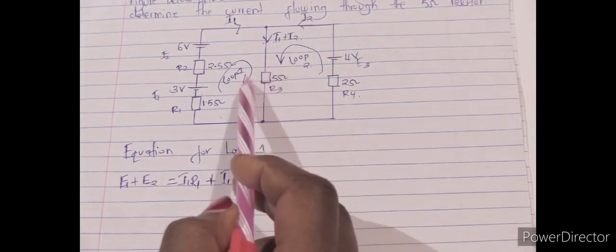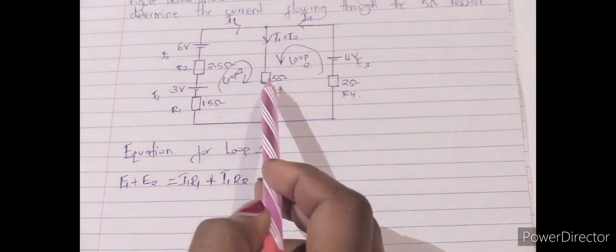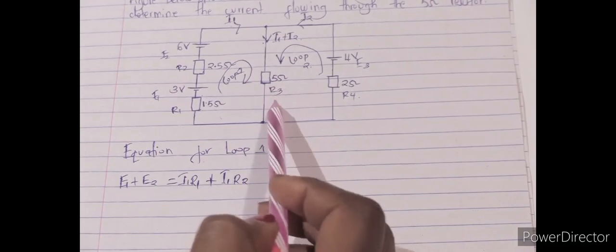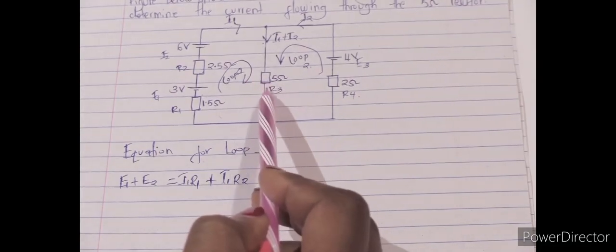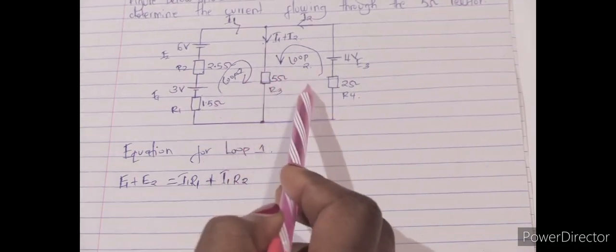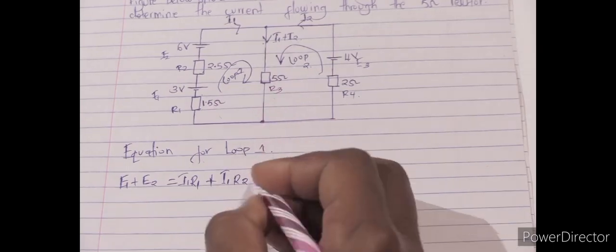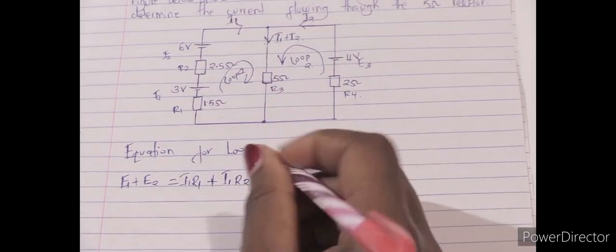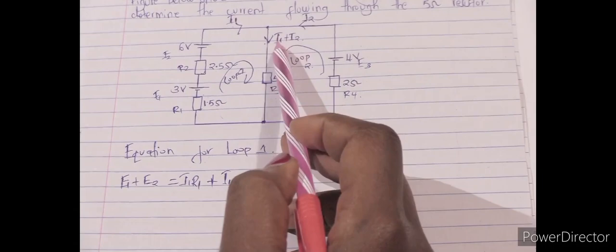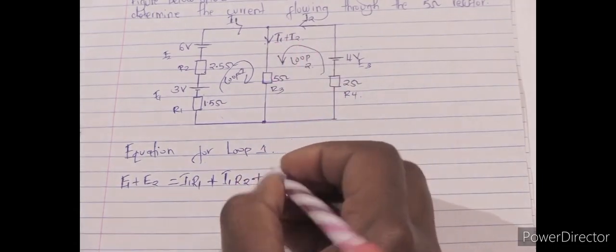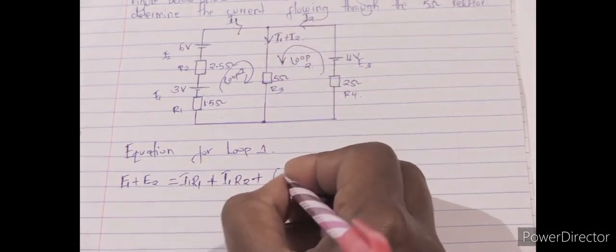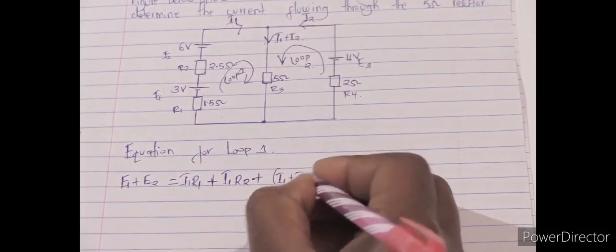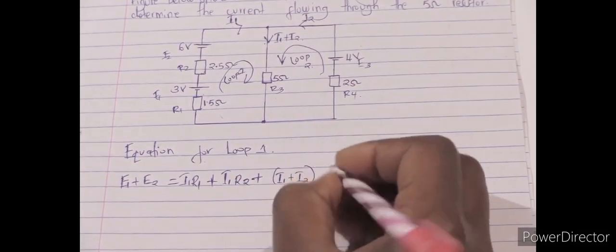We still have a third resistor, R3. Now R3 is shared in both loop 1 and loop 2, so the current flowing through it is I1 plus I2. So we have I1 plus I2, multiplied by R3.